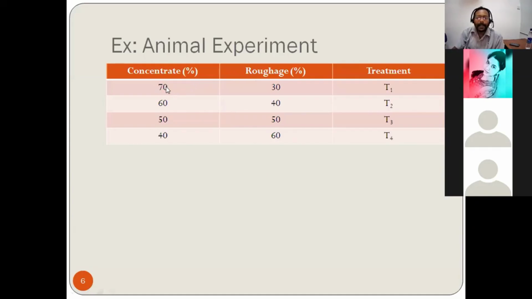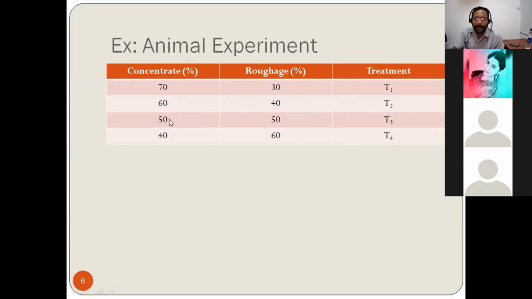In the first case, I'm going to take 70% concentrate in their feed and 30% roughage, which I am calling treatment 1, T1. Similarly, I am taking another formulation, 60% concentrate and 40% roughage, which comprise 100% together, isn't it? I'm naming it treatment 2.